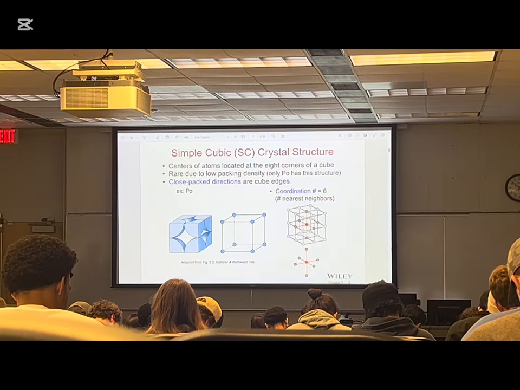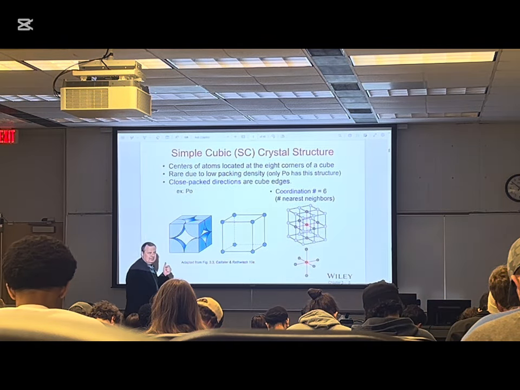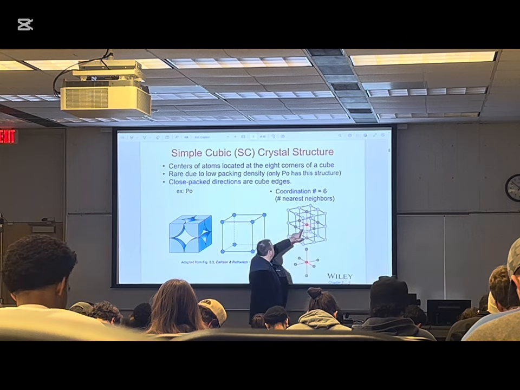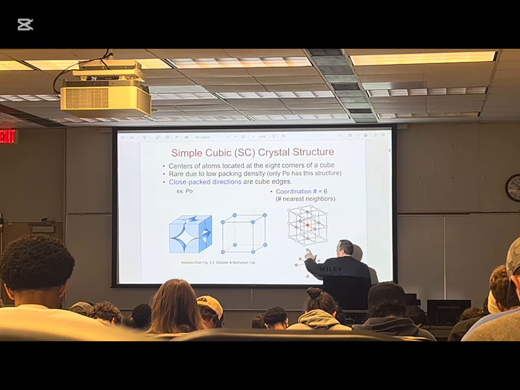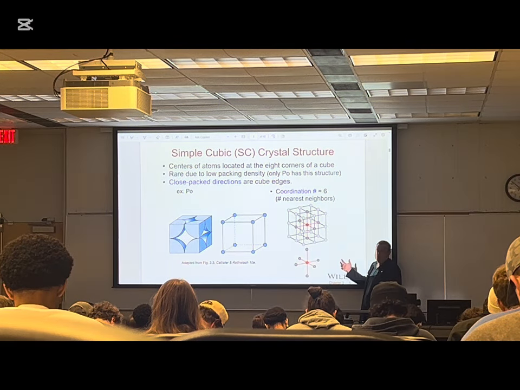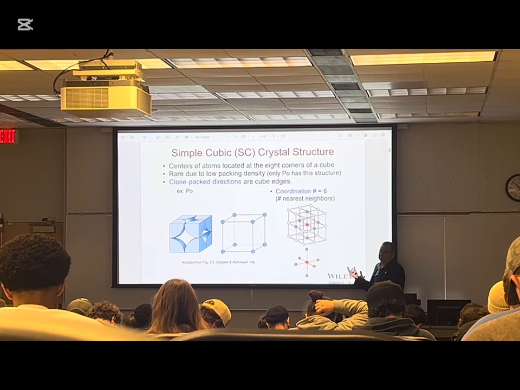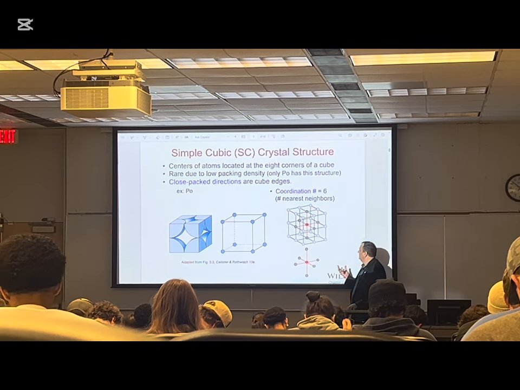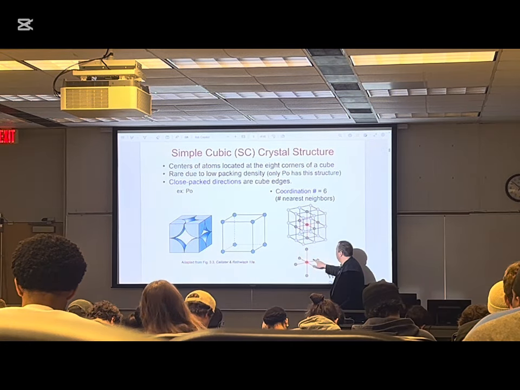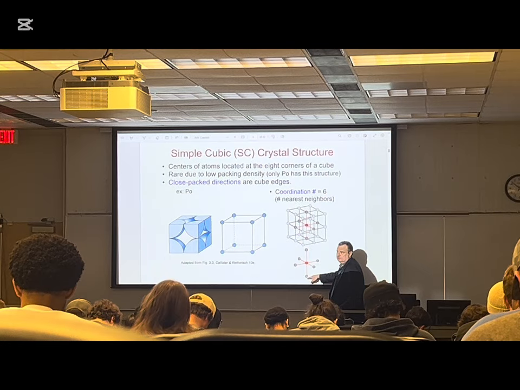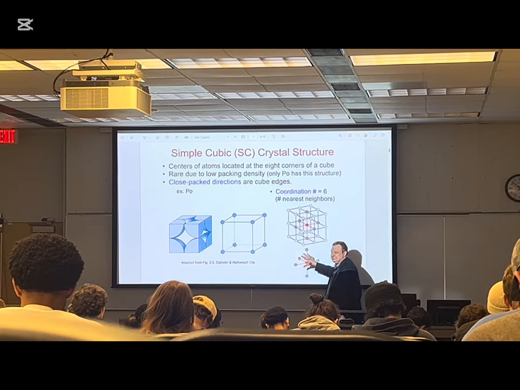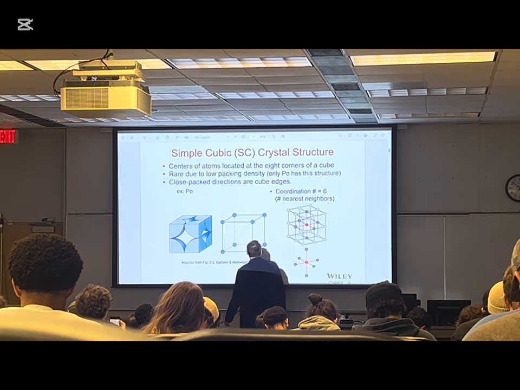And if we draw 8 unit cells, we can see that this atom here, which is highlighted in red, has how many nearest neighbors? Well, we can just simply count. There are 4 in the plane, there's 1 above and 1 below. So there are 6 nearest neighbors.